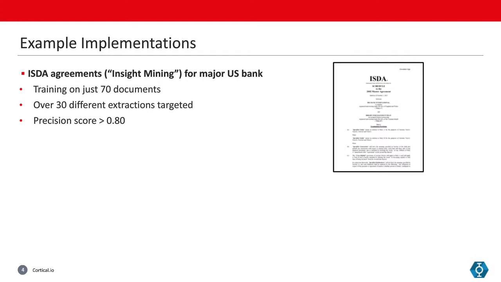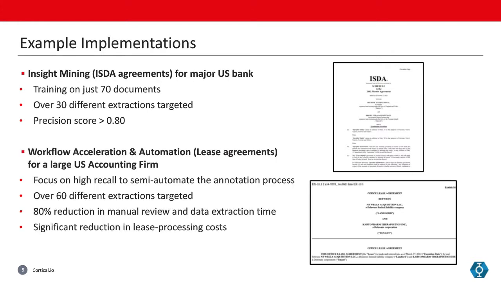In another example, a major accounting firm needed to review its clients' portfolios of lease agreements due to a change in accounting rules. It used Contract Intelligence to extract over 60 terms and clauses from the lease agreements, saving significant time and money in the review process.